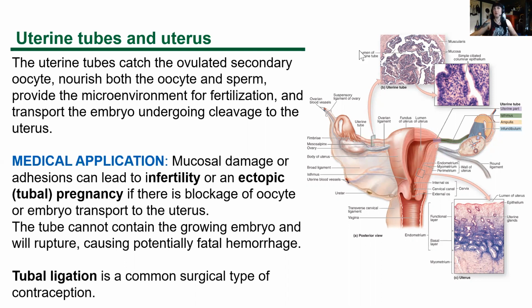For a while, there was a procedure called Essure, which involved the placement of a little spring in the tube, but that ended up being subject to a bunch of class action lawsuits because inflammatory responses to the Essure caused it to fail, or the spring would just migrate around and go places where it shouldn't. It caused all kinds of problems. So I believe it was recalled by the FDA.